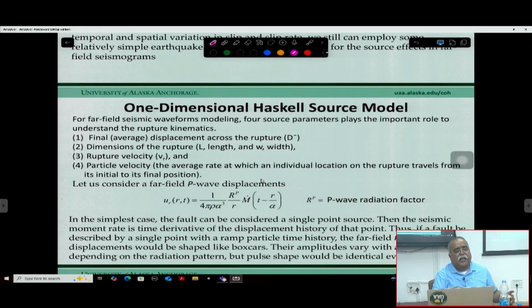Then basically the source can be treated as a point source, and it will be much easier to express, just like the way we were trying to do. So we are trying to understand the far field seismic waveform.